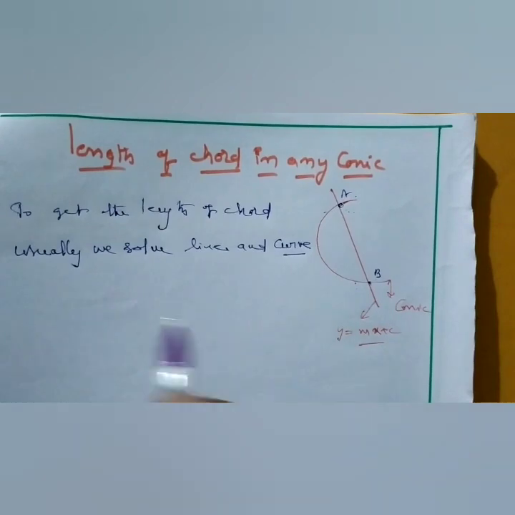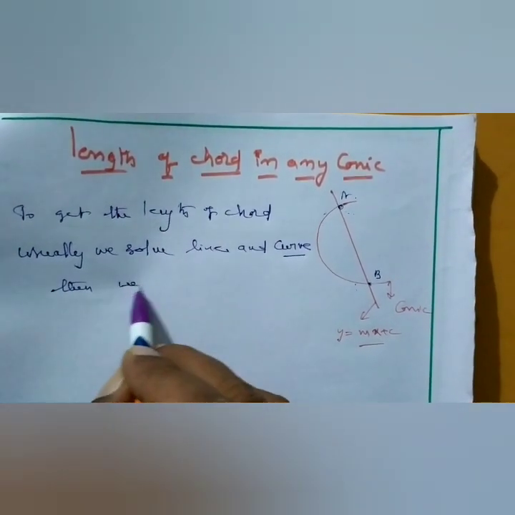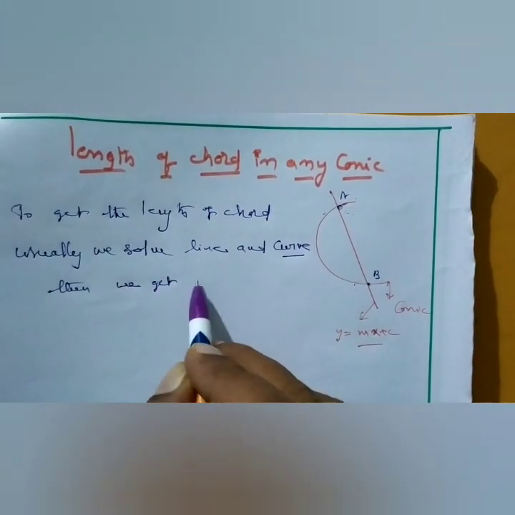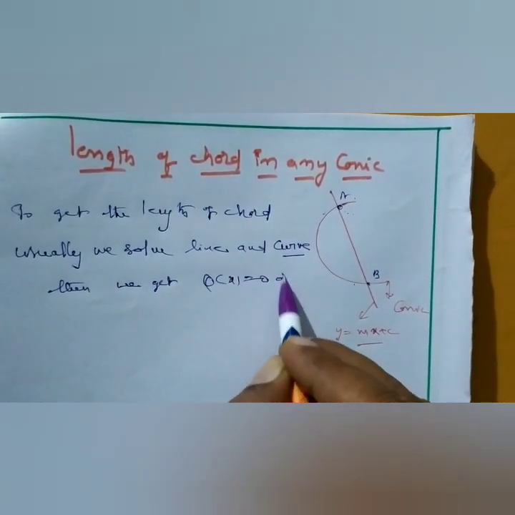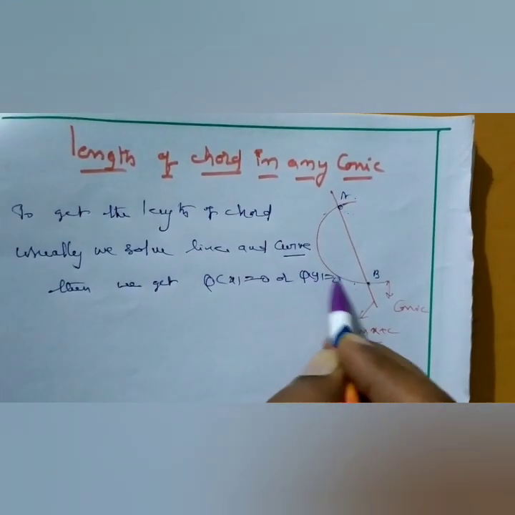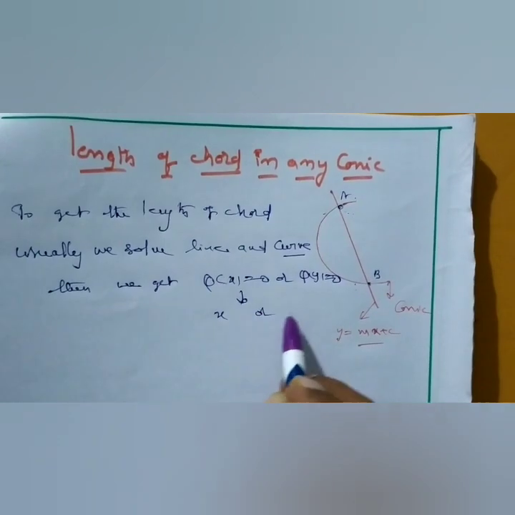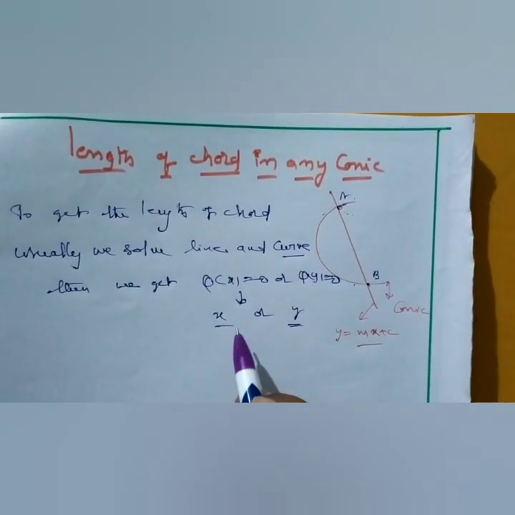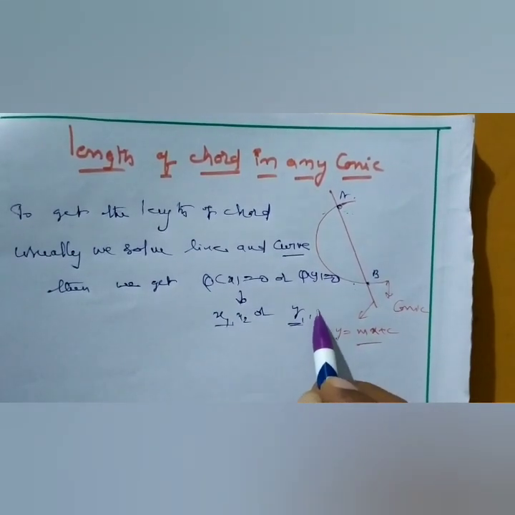Then we get a quadratic equation, Q(x) = 0 or Q(y) = 0. From this we get either x or y. A quadratic equation means we will get x1, x2 or y1, y2.